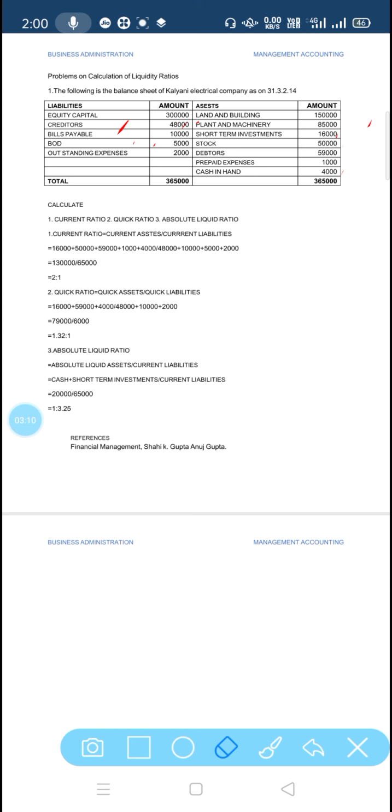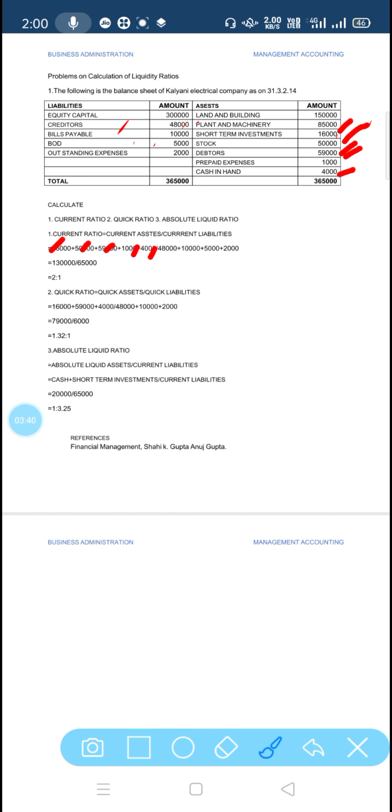Short term investments 16,000, stock 50,000, debtors 59,000, prepaid expenses 1,000 and cash in hand 4,000.